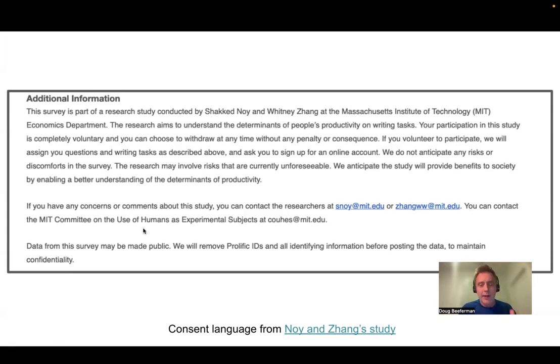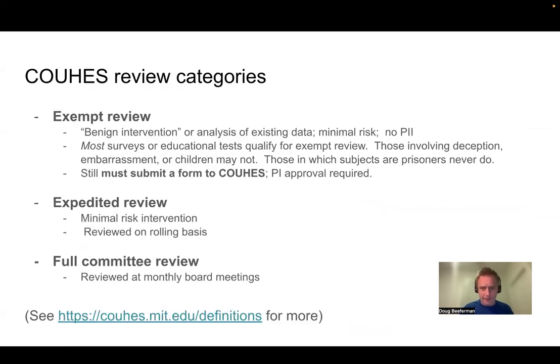If you have any kind of online survey, you'll typically have something like this, which says the reason for the survey, like this survey is part of a research study conducted by, et cetera, and that your participation is voluntary. You can withdraw at any time. There's also contact information in case people have questions. If you're going to make the survey public, you have to say so, et cetera. So all of the details of informed consent, you can find examples of on the COUHES site.